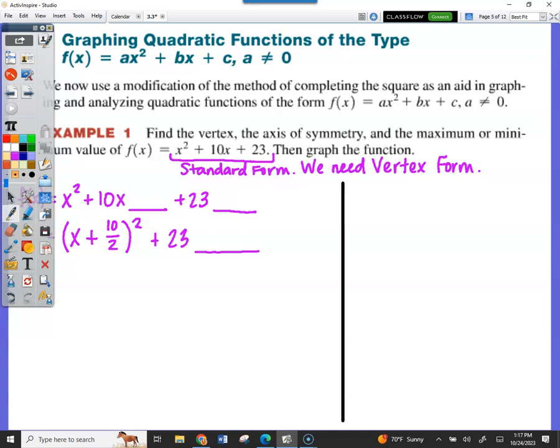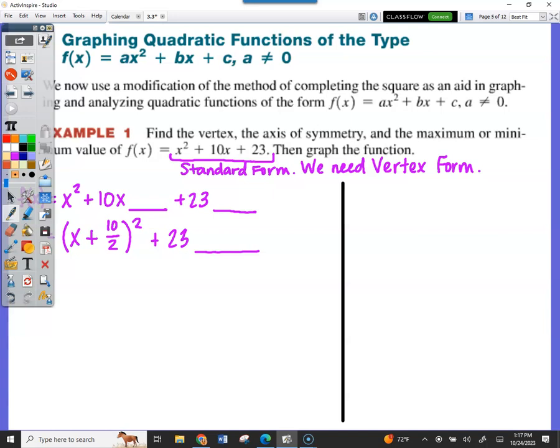But now I'm on the same side. So how can I keep it balanced? If I add the same thing, then I've just added it twice. So how would I change it? Like if I add 4 here, now what you're adding right here is 25.